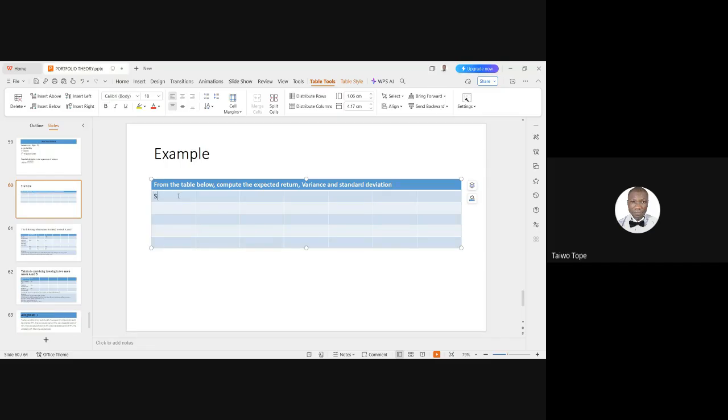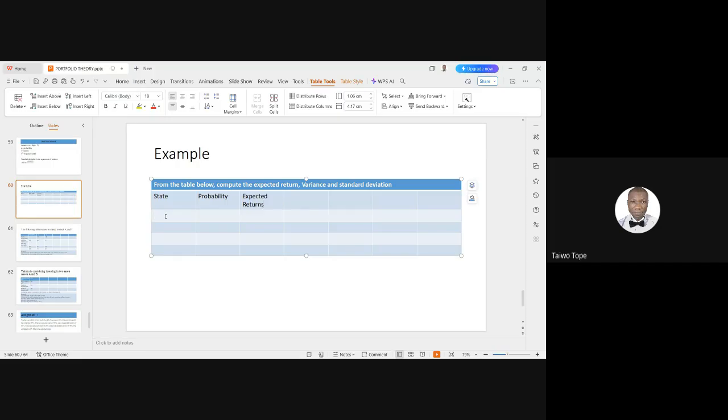So we have states, we have probability, we have expected returns.